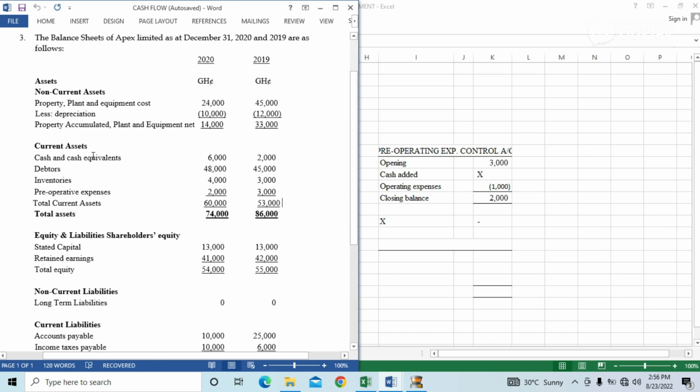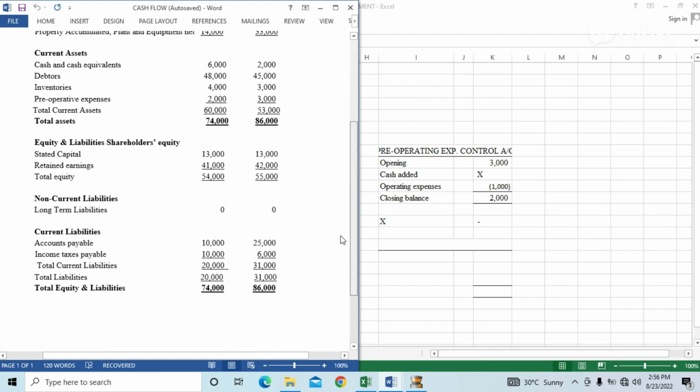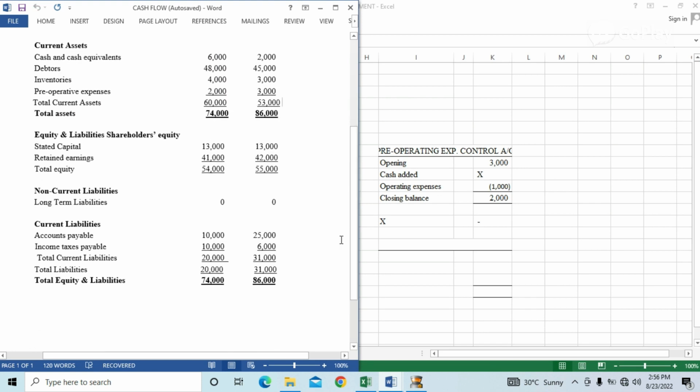So that will be at the end because we are trying to find how come the figure increased from 2,000 to only 6,000 despite making profit of 25,000. So that's what we are trying to find. So let's move to the current liabilities as our next alternative.